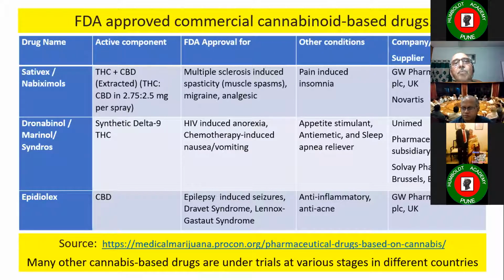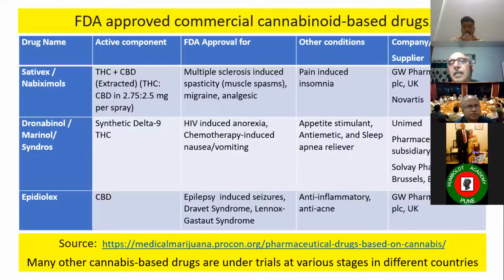THC is the main component. It is used for HIV-induced anorexia, chemotherapy-induced nausea. FDA has approved it. Migraine is also, you see, the analgesic migraine. Now coming to CBD, it is also for epilepsy-induced seizures, and then so many syndromes. It is basically anti-inflammatory, and on the right-hand side column, you can see who is the owner of that one.